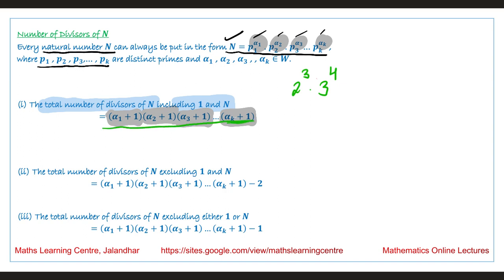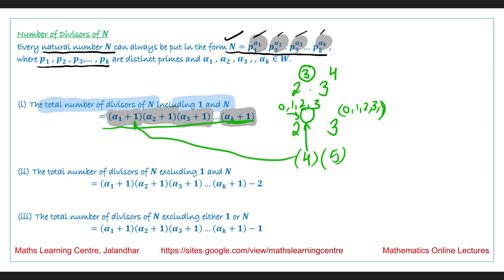If we want to calculate the total number of divisors, the power of 2 can be 0, 1, 2 or 3, so total options are 4, and the options for the power of 3 are 0, 1, 2, 3 and 4, so the number of options is 5. This is alpha 1 plus 1 and this is alpha 2 plus 1. So the answer is equal to 20.